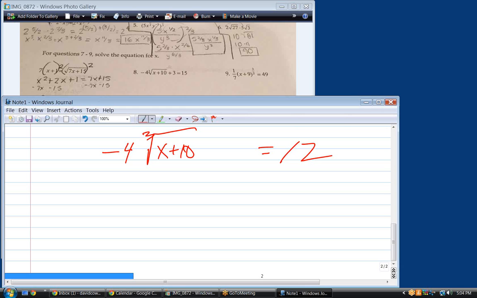So what do I need to do? Divide by minus 4? In other words, you always do the opposite of what it's doing. If something is multiplying by minus 4 and we divide it by minus 4, it gets rid of it. Okay, so now since those two cancel, I have isolated my radical.